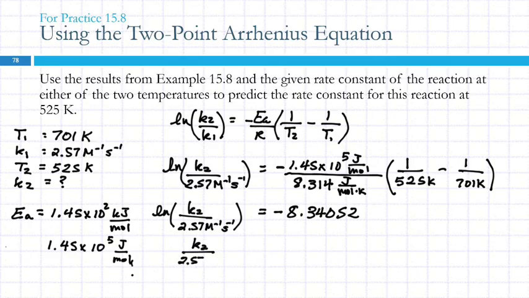So e to the x gives me this. And then on the other side, I have e to the negative 8.34052. And so I would want to multiply both sides by 2.57.